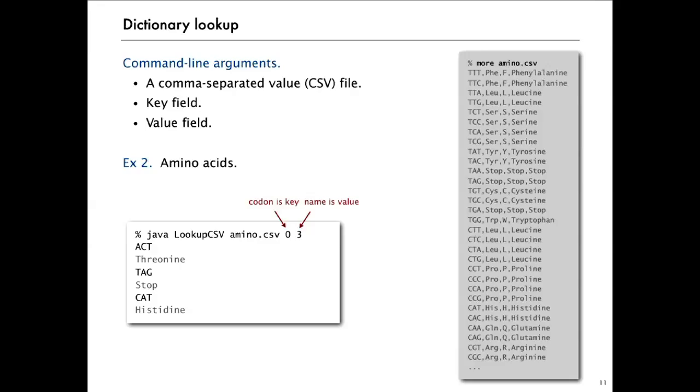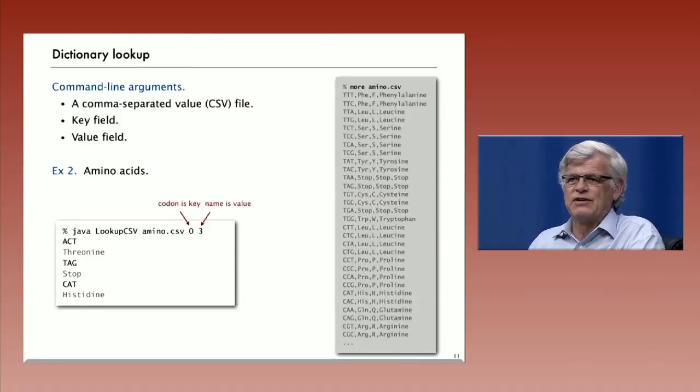That's the amino acid. So TCC is called serine and so forth. And that's an association that's well known to biologists. And then you can use this lookup CSV client to quickly get the name associated with any given codon. And that's just another simple example.